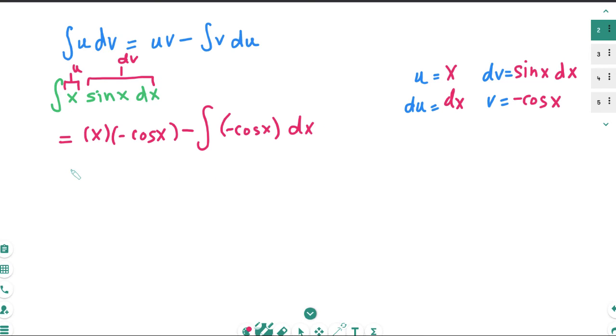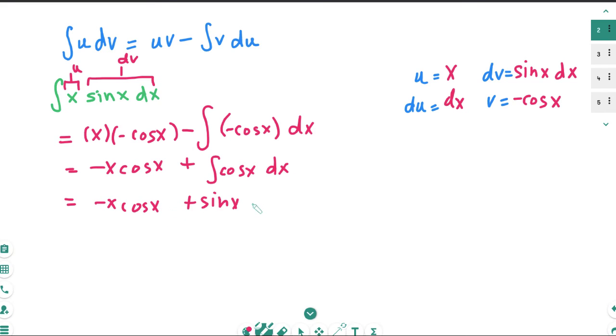Let's simplify it. So this is minus x cosine x plus just the integral of cosine x. What's the integral of cosine x? We already know it is sine x plus c for the indefinite integral.